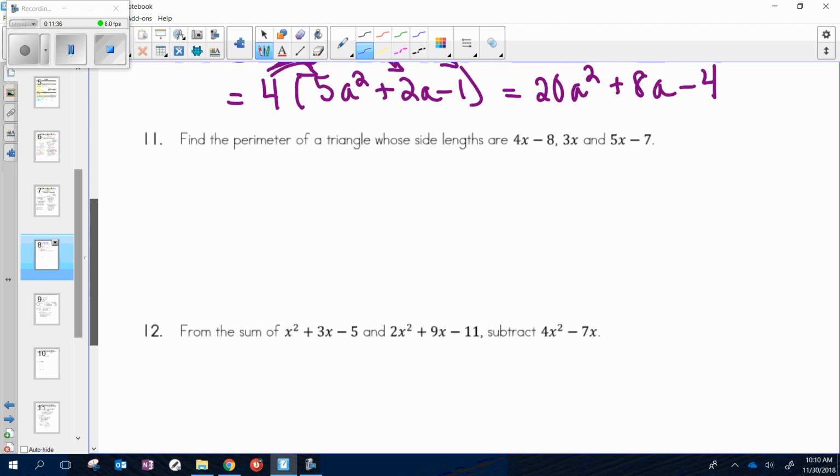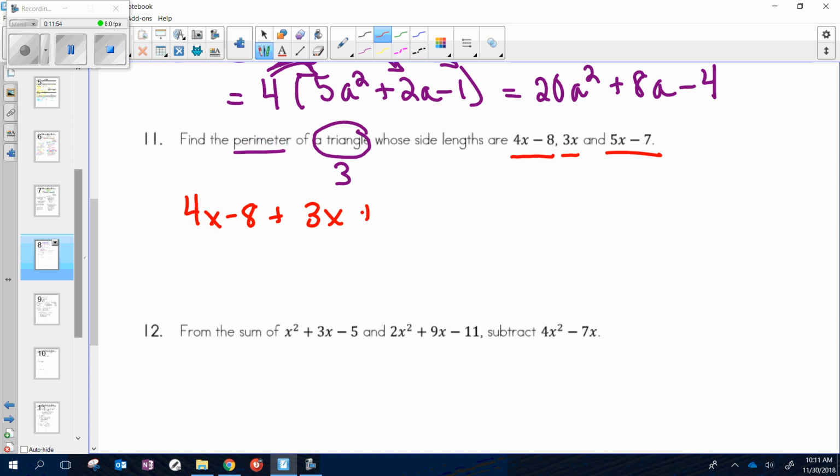For question 11, it's also looking for a perimeter. Now we're talking about a triangle. A triangle has 3 sides. So we're going to look at side length this plus this plus this. So I'm looking at 4x minus 8 plus 3x plus 5x minus 7. Now, why didn't I write parentheses?